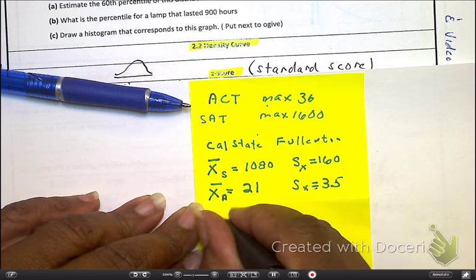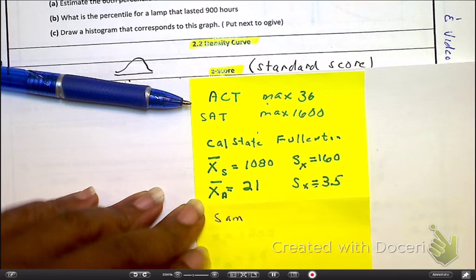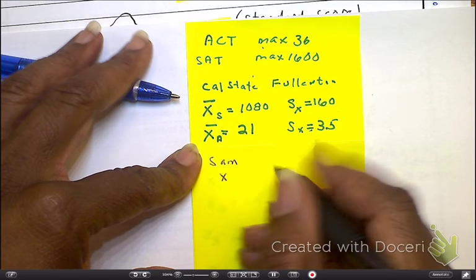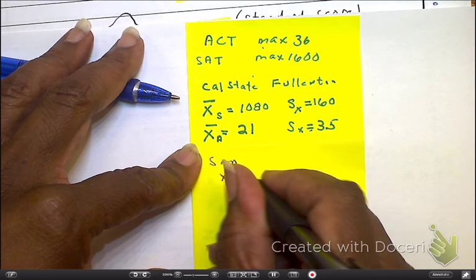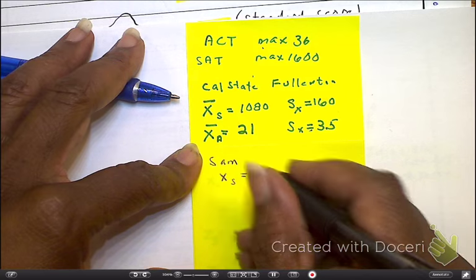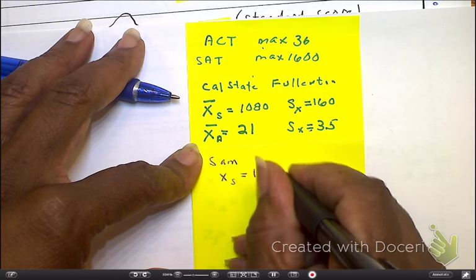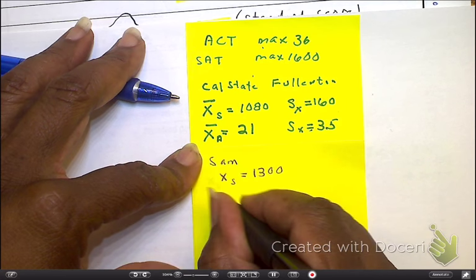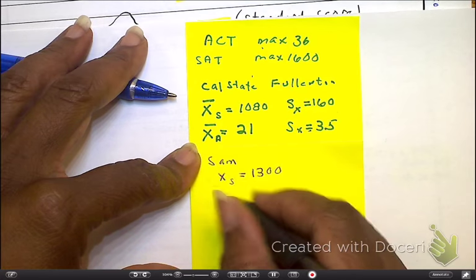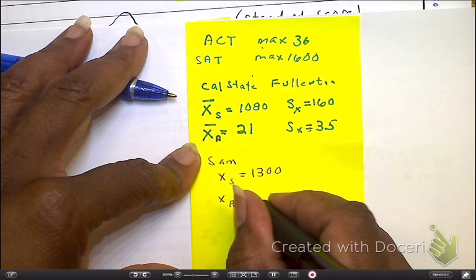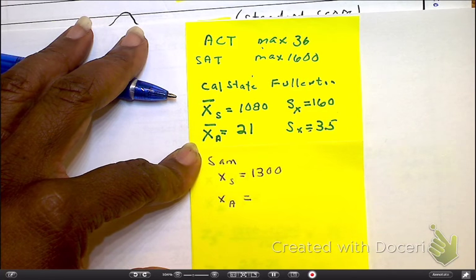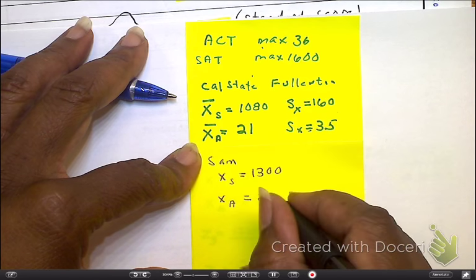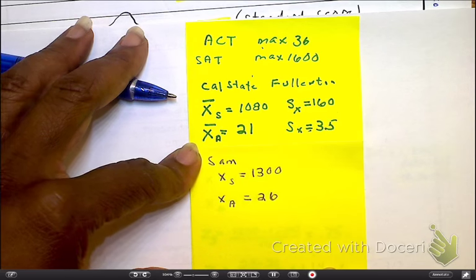So let's say that Sam's score for his SAT was 1,300, but Sam's score for his ACT is 26.